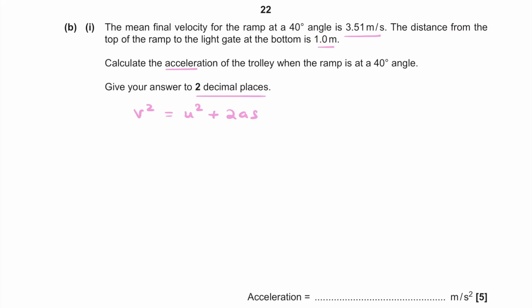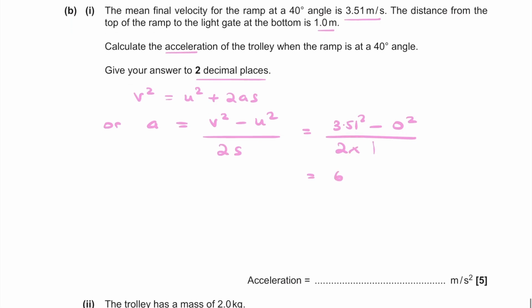Or the other way around, a is equal to v squared minus u squared over 2s, which is going to be 3.51 squared minus 0, because it starts from rest, squared, divided by 2 times 1, which gives me 6.16005, and to 2 decimal places it will be 6.16 meters per second squared.